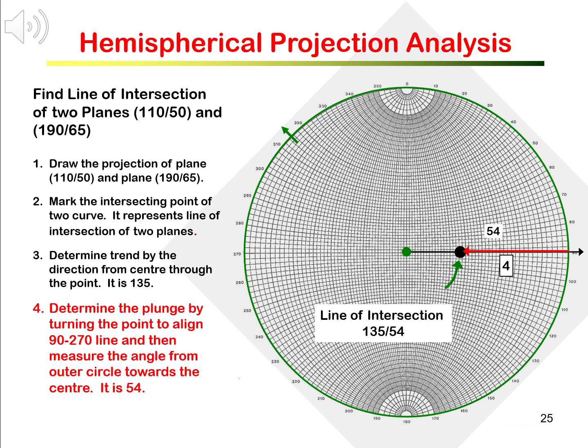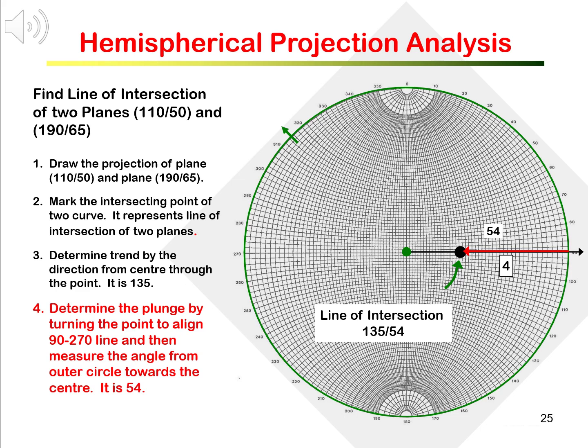The next step, step 4, is to find the plunge angle of the line. Since we can only measure the inclination along the 90 to 270 line on the net, we turn the tracing paper so that the point of intersection is on the horizontal line of the 90 to 270 line.